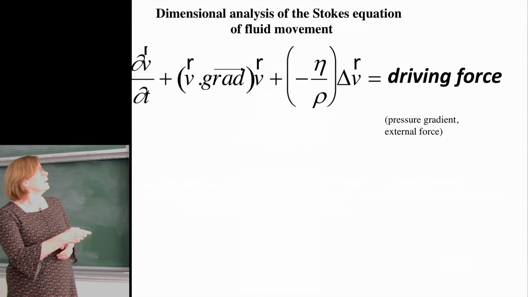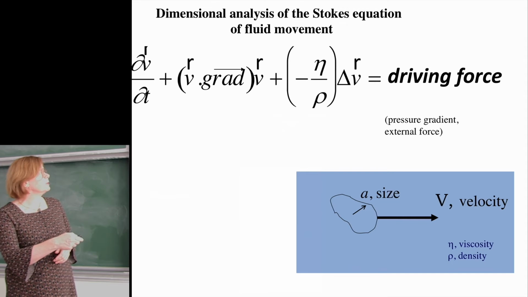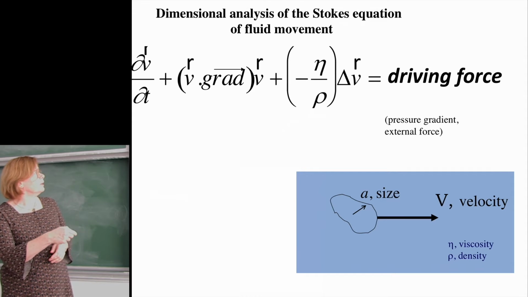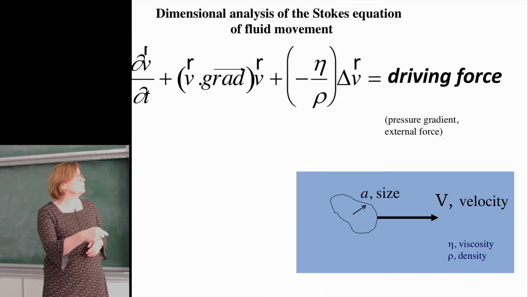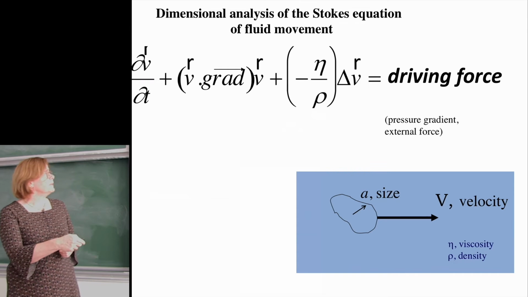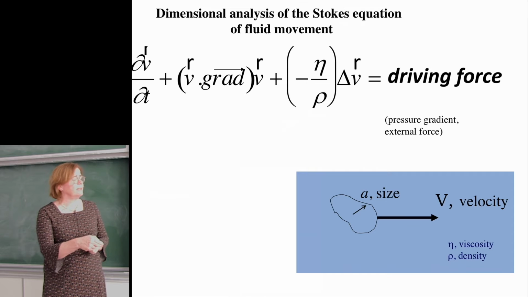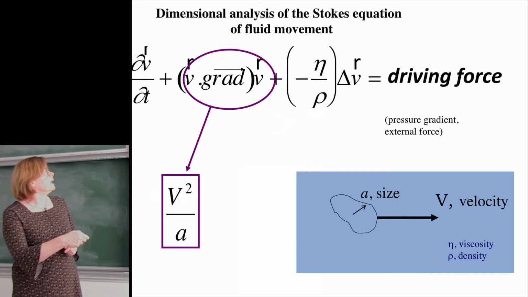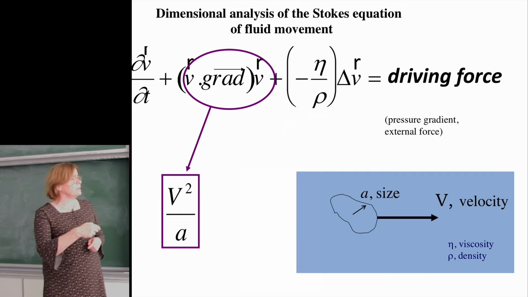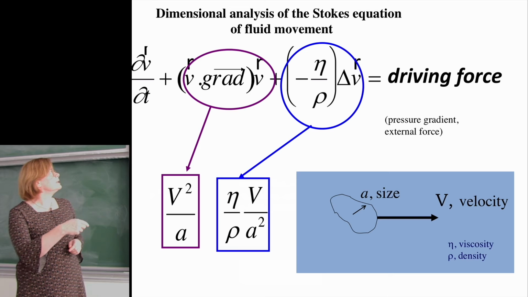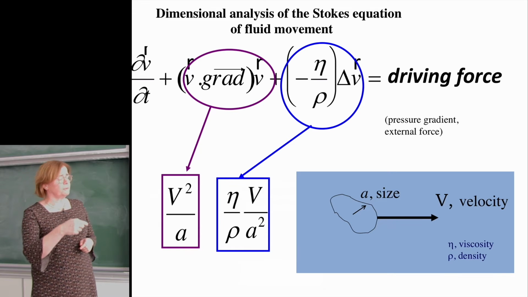A way of knowing which one is dominant is to write the Stokes equation. If you consider an object of size a that moves at velocity v in a medium of viscosity eta and density rho, then you can estimate this term here, that is the inertial term, and this term here, that is the viscous term.